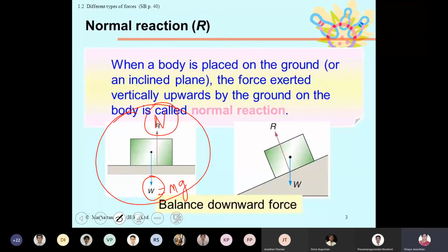We call it the normal reaction. If the weight of the body is 40 Newton, the normal reaction will also be 40 Newton. These are balanced forces. That is why your block remains at rest, because these two forces cancel out each other.